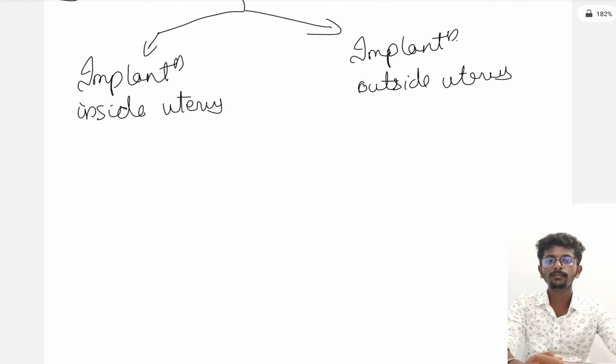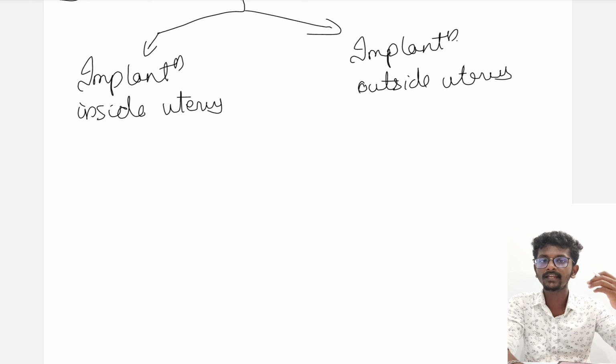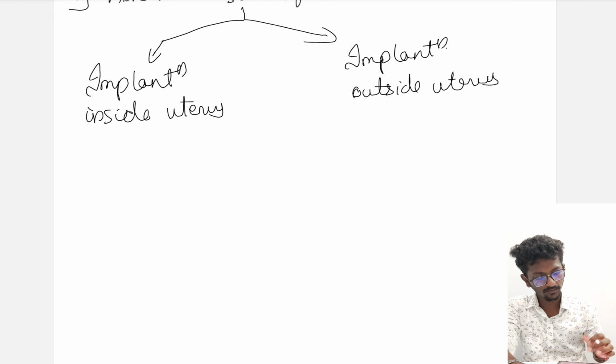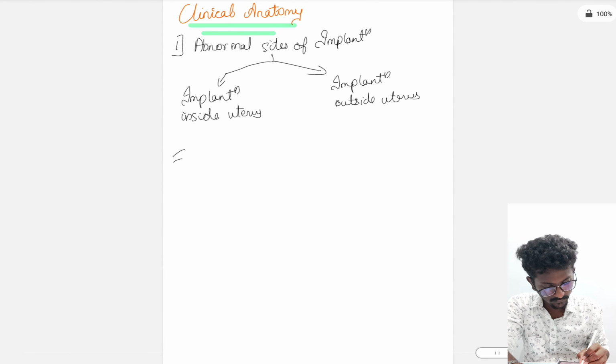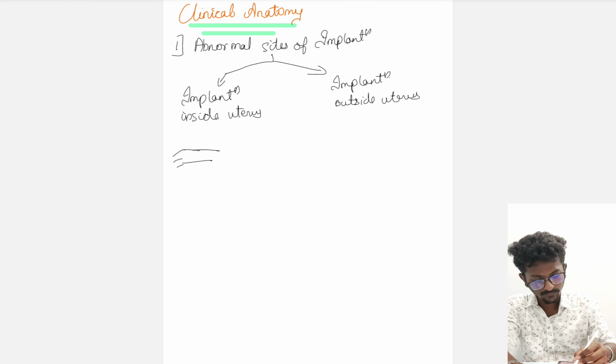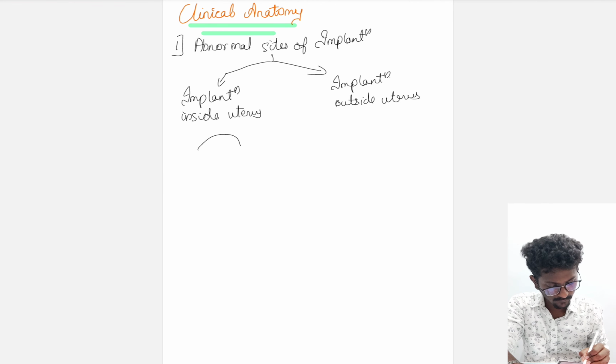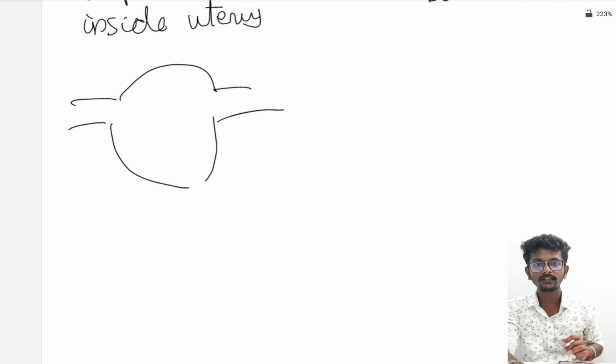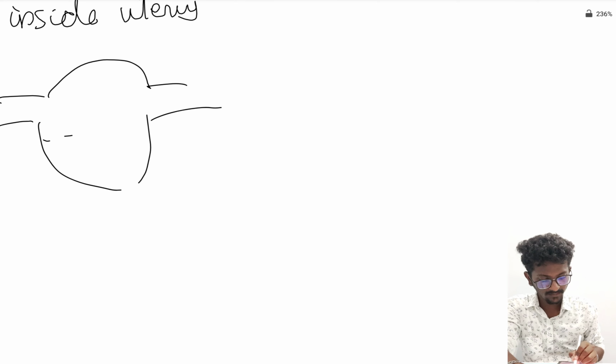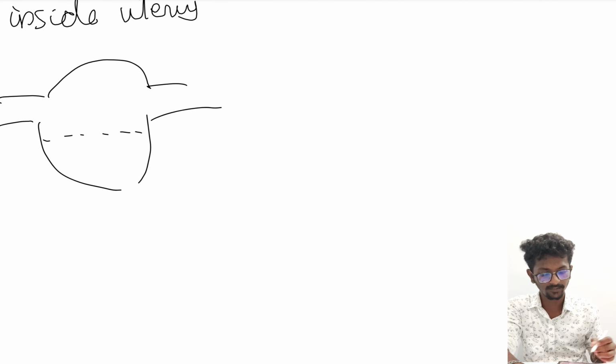Now the blastocyst should generally get implanted in the upper segment of the uterus. Means what? If this is the uterus, this is the upper segment of the uterus, this is the lower segment of the uterus.